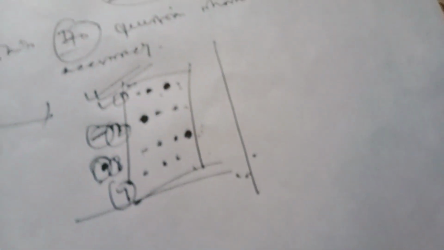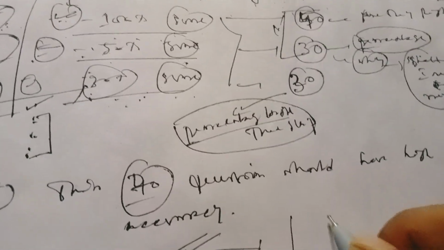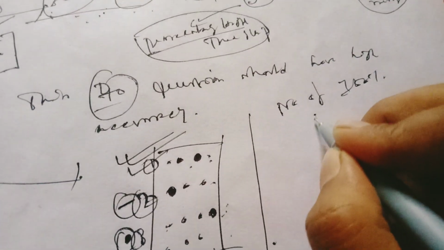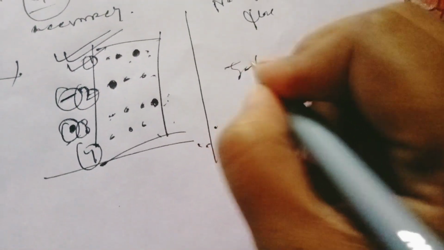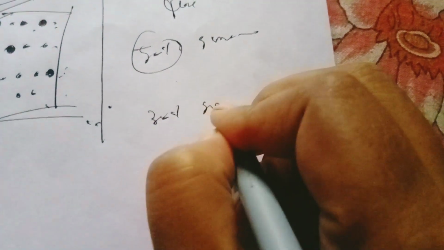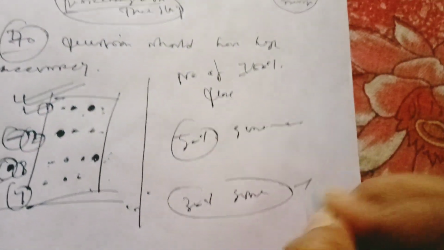After attempting all the question papers, whether in the question paper or in the OMR sheet, after finishing the attempt, just go through it and check the number of 100% sure questions, 50% sure questions, and 30% sure questions.